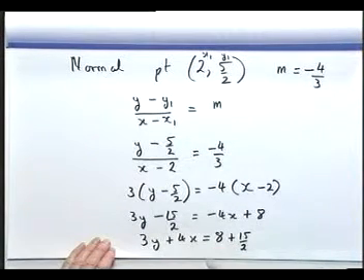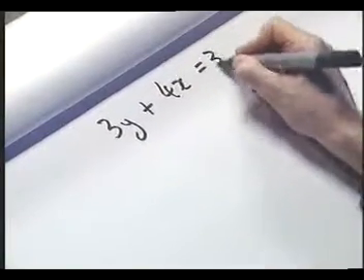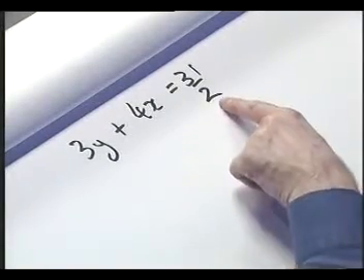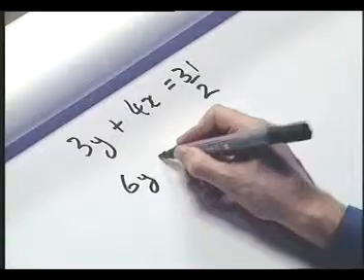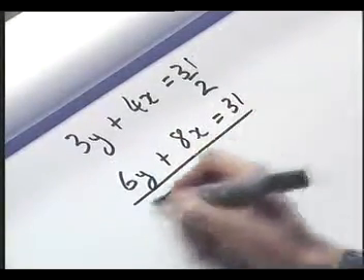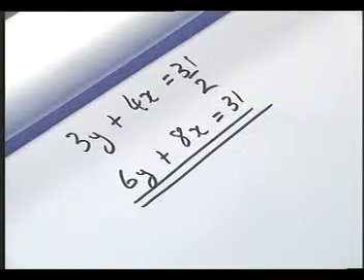Now 8 is 16 over 2, so here I'll have 31 over 2. So we'll have 3y plus 4x is 31 over 2. And this 2's an awkward thing, so let's multiply throughout by 2 in order to get rid of it. 6y plus 8x equals 31. And that's the equation of our normal.